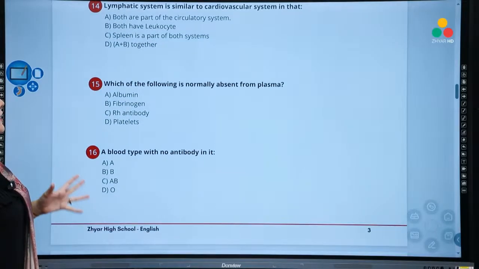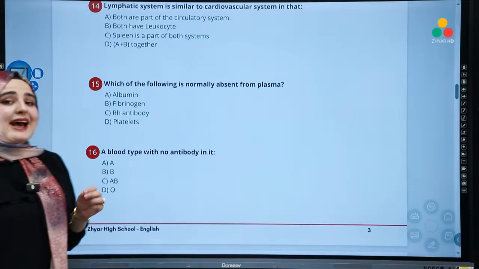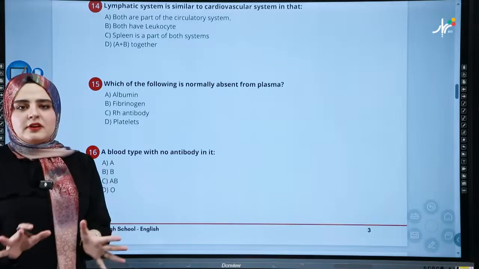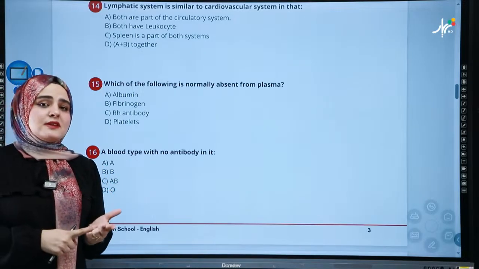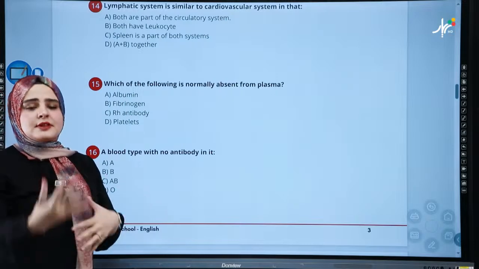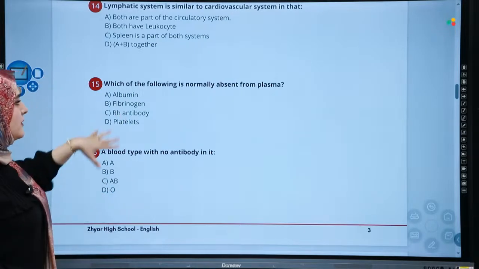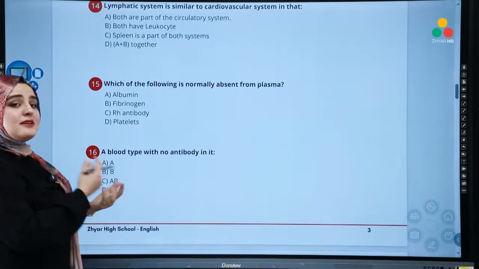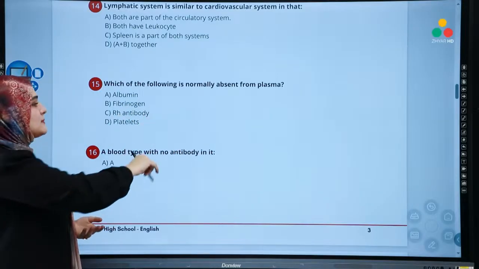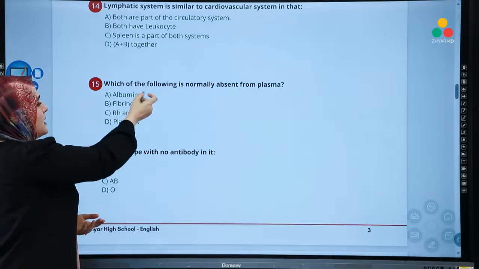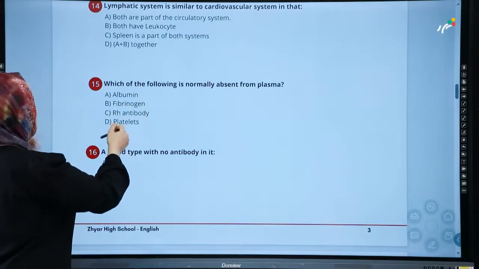Question 15. Which of the following is normally absent in plasma? We've learned that plasma has cells in it, proteins, and electrolytes, ions, and stuff like that. Let's see what we can find here. Albumin is a protein that is always present in the plasma. That's not correct. We can't choose that. And then we have fibrinogen.